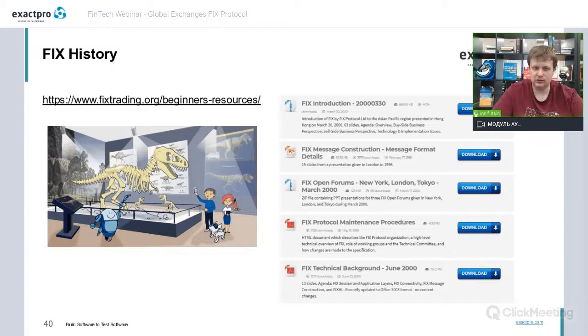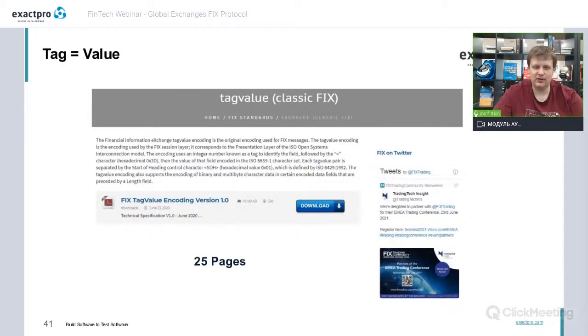So FIX is used by the most modern exchanges and brokerages across the world in very sophisticated modern systems working at sub-millisecond and hundreds-of-microsecond latencies, but its origins go back 20 years. So you can go back down memory lane and have a look at these historical artifacts.